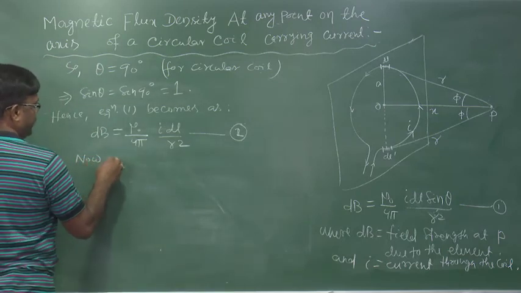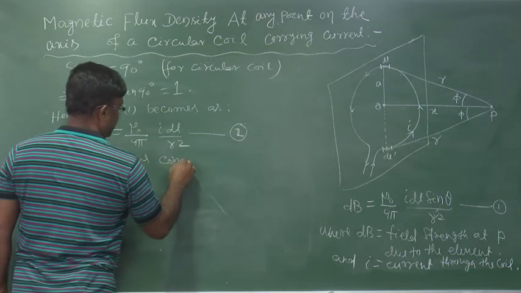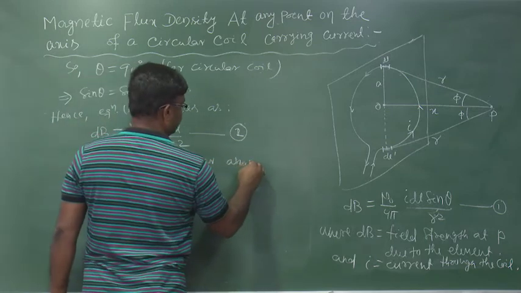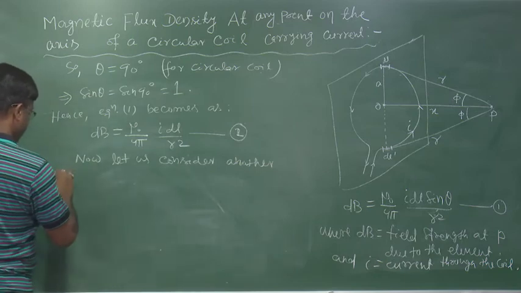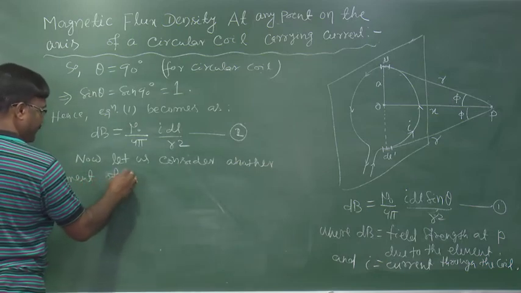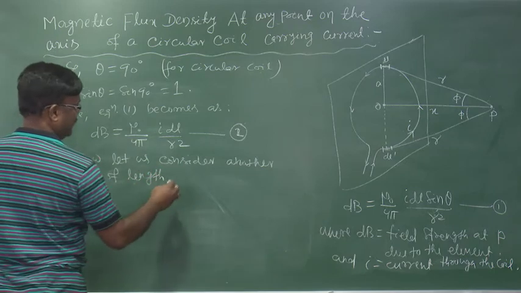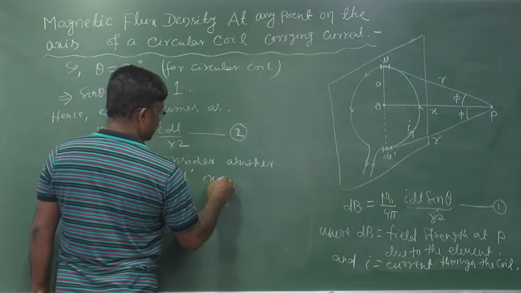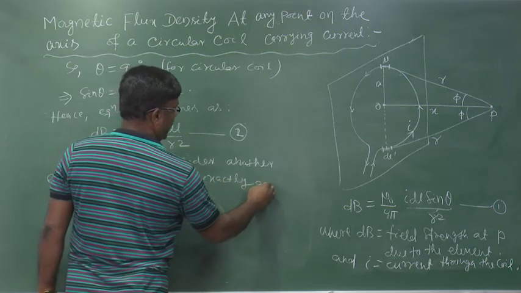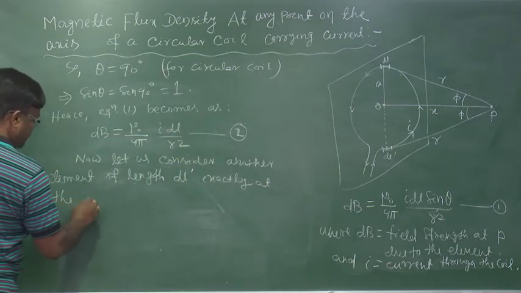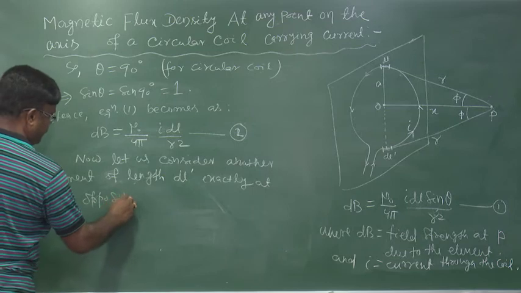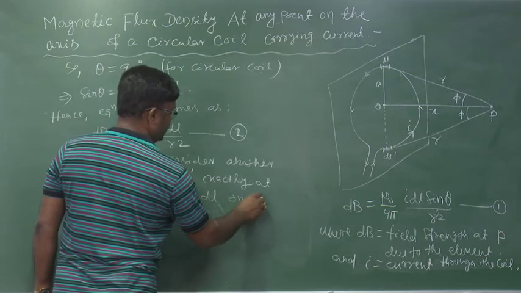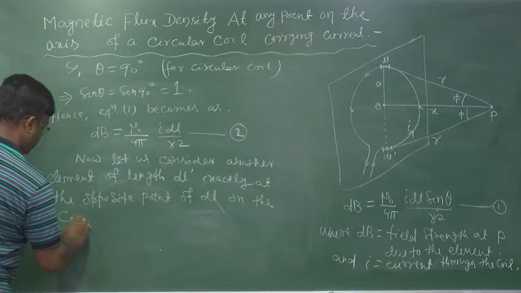Now, let us consider another element of length dl dash exactly at the opposite point of dl on the circular coil.